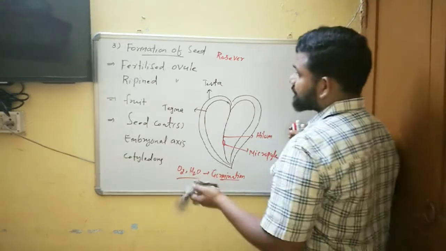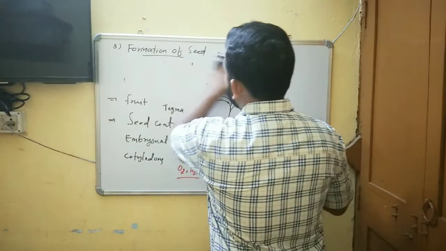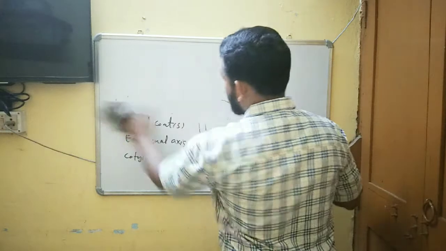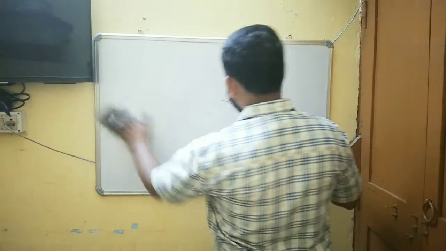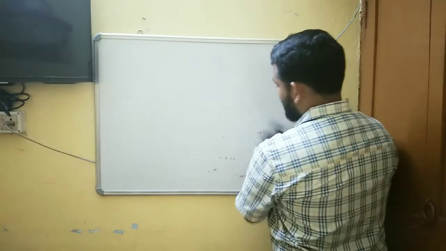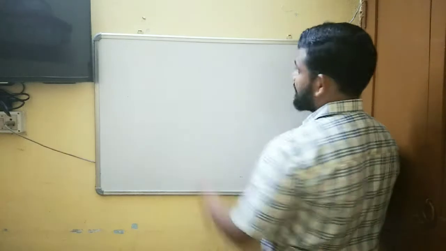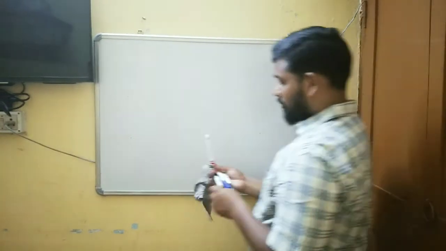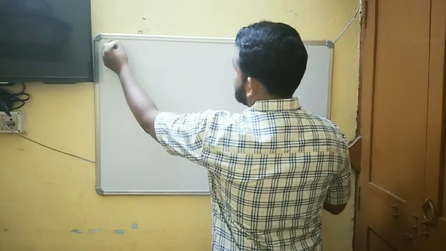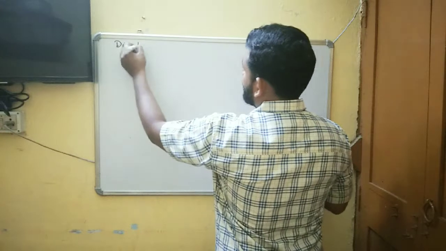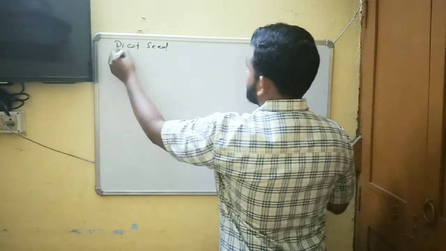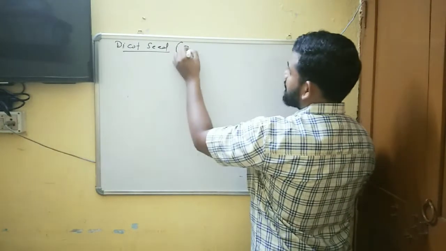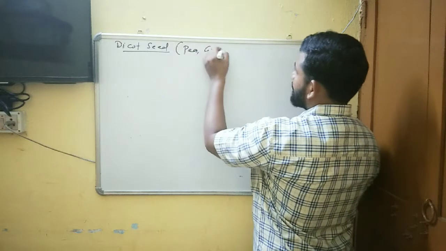Based on the presence or absence of endosperm in the seed, and the number of cotyledons, seeds are mainly classified into two types: dicot seed and monocot seed. Dicot seeds are like pea and groundnut.